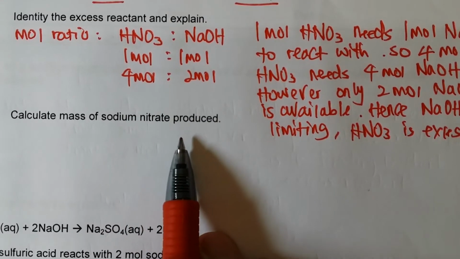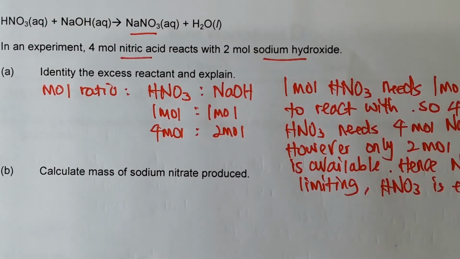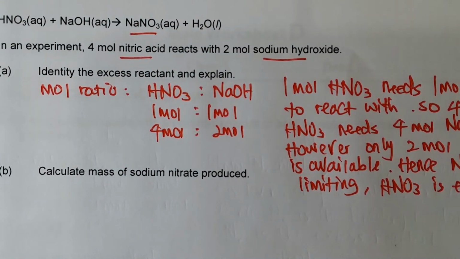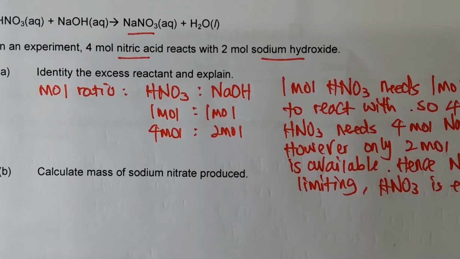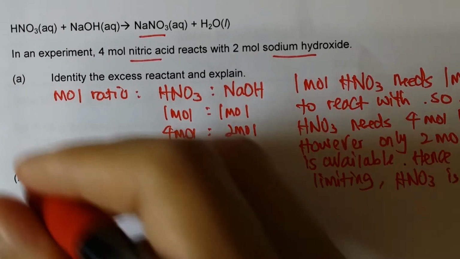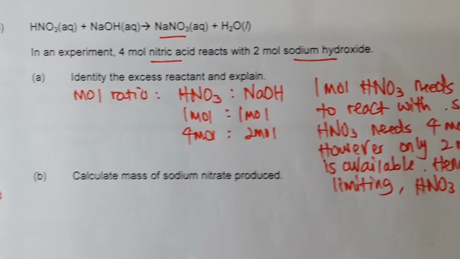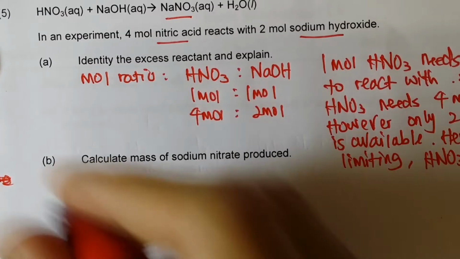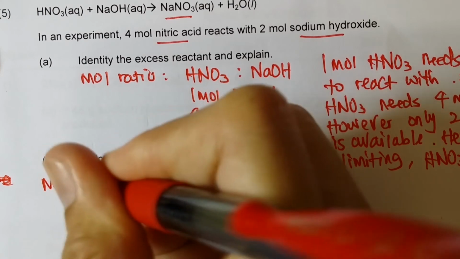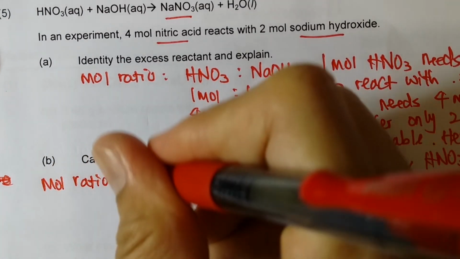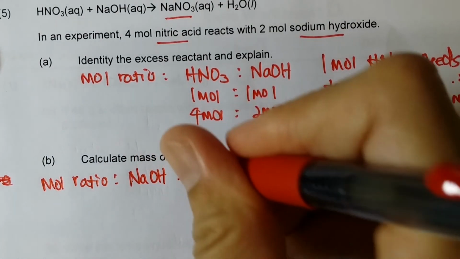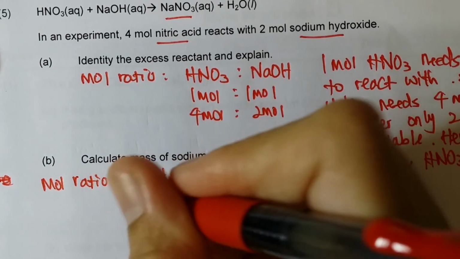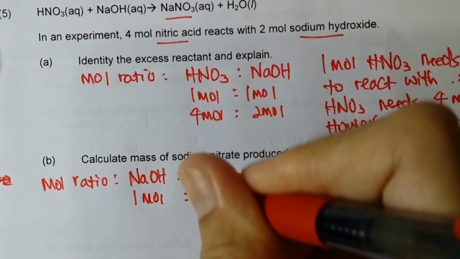Calculate the mass of sodium nitrate produced. Sodium nitrate is the product. So the mass of product depends on the amount of the limiting reactant, which means that you don't have to look at HNO3. You have to look at NaOH. So the mole ratio between the limiting reactant, NaOH, and the product, sodium nitrate, NaNO3, is 1 mole to 1 mole.